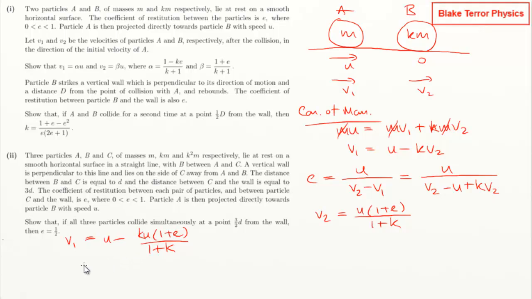So that is going to be u over 1 plus k times, well, I'll have a 1 plus k and a minus k and a minus ek, or ke, whichever way around you want it. So they're going to cancel, and I'll have u times 1 minus ke. Okay, so they've come out fine. So that was all good.